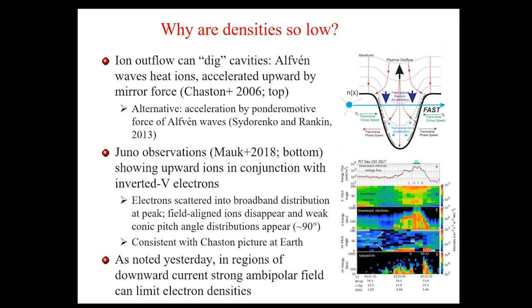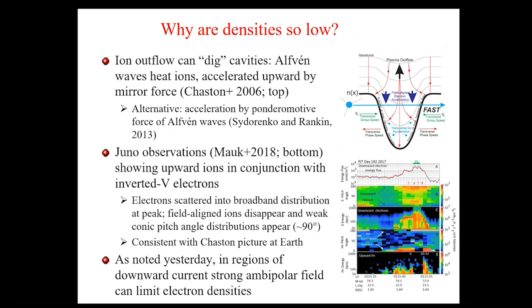We also have some nice work from Barry showing that there are these upward ions. If we see this nice inverted V type of region, this is a nice example where the inverted V breaks up near the peak and becomes more broadband. In the regions where we have the inverted V, we have this larger ion outflow. In this region here, this example isn't particularly good, but you can see a little bit of an enhancement here at an oblique pitch angle.